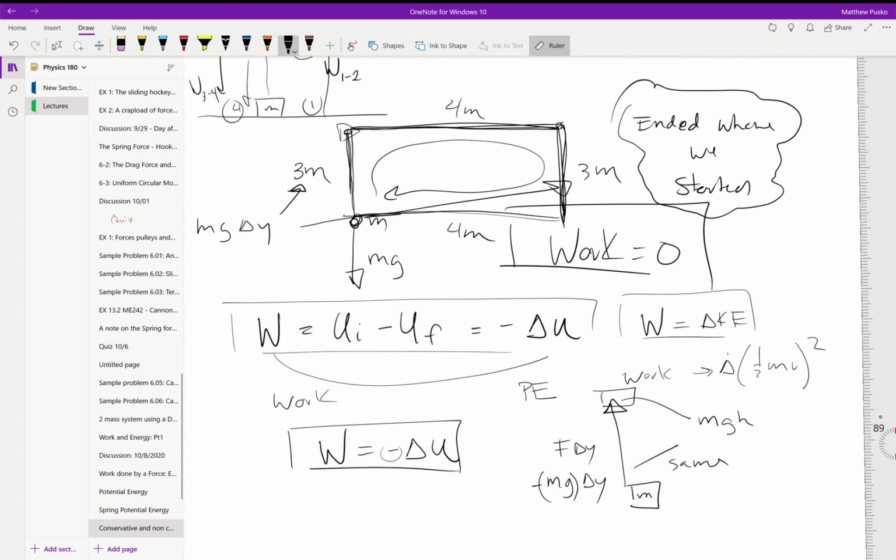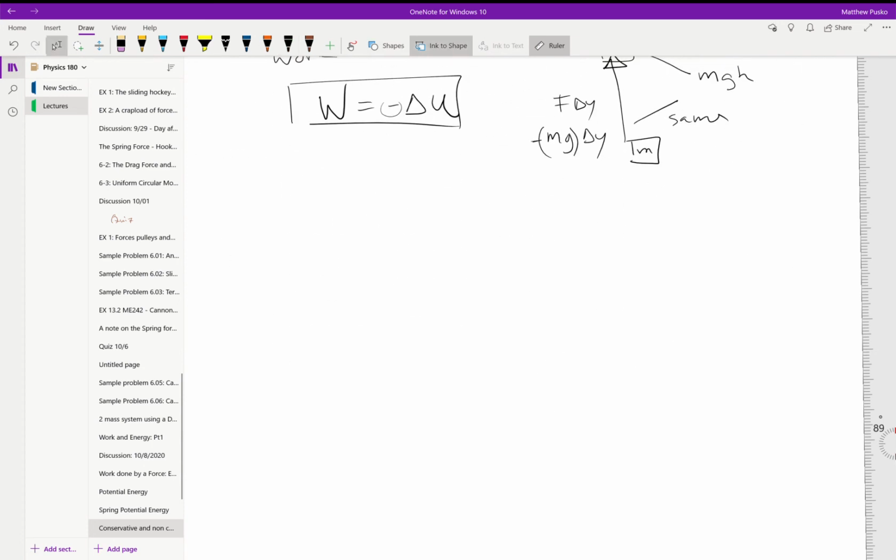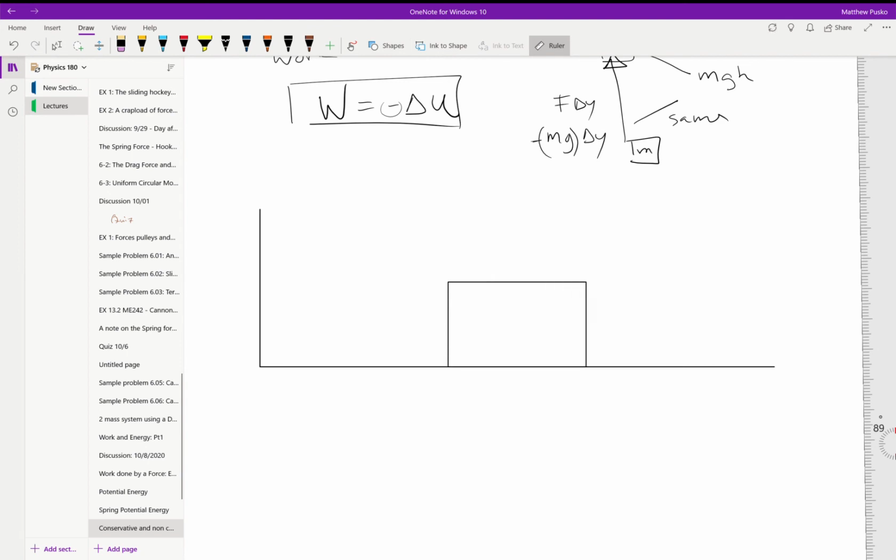Okay, so the same thing goes for a spring too. If we took a spring, maybe put a mass on here, something like that, and we let this thing oscillate. If we call this our equilibrium position, x is equal to 0, and we pulled it out some delta x, that required work. It required us doing work to pull the spring out and stretch it.